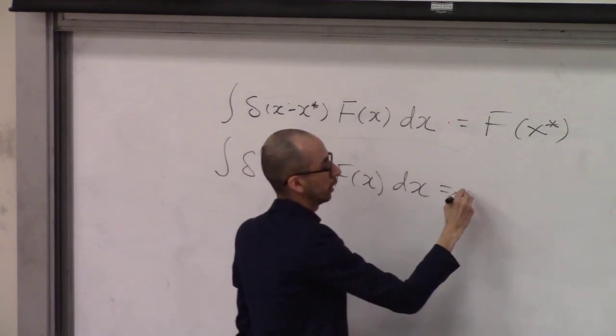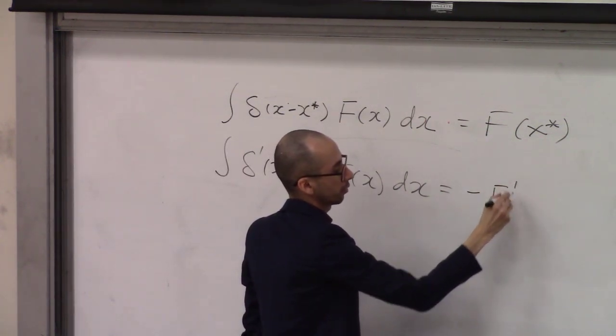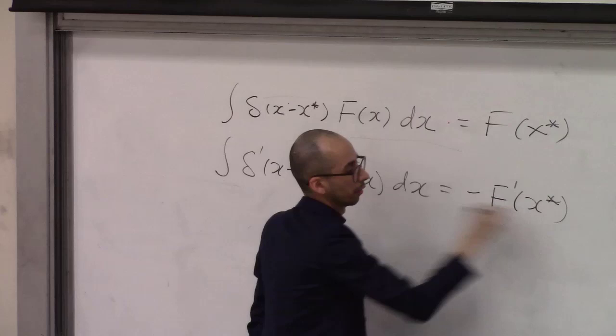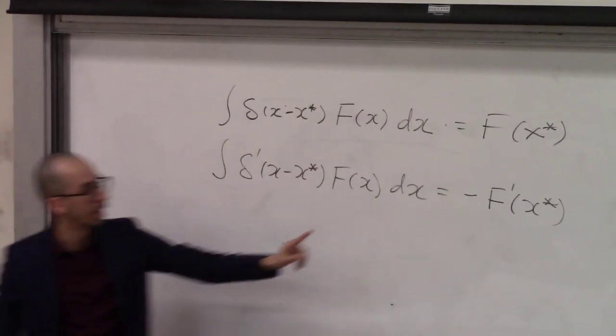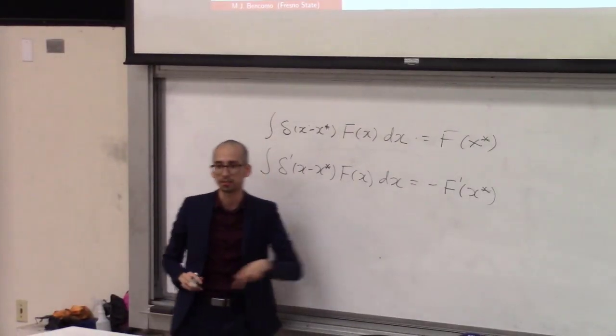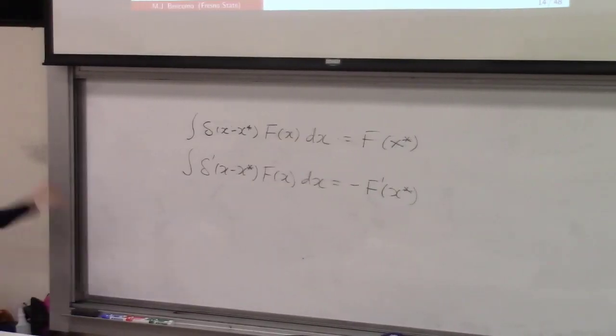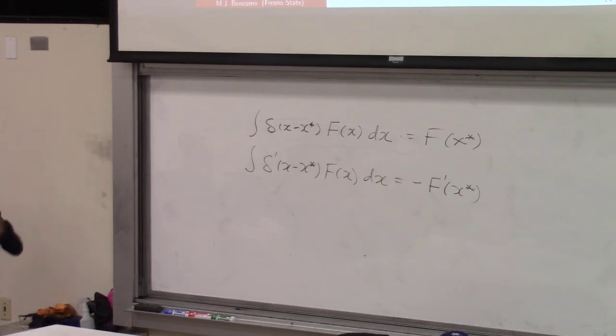I forget if there's a minus. It's probably a minus. So this would be the definition of the derivative of the delta function, a minus and a derivative on the test function. And you could generalize this to more derivatives in higher dimensions.